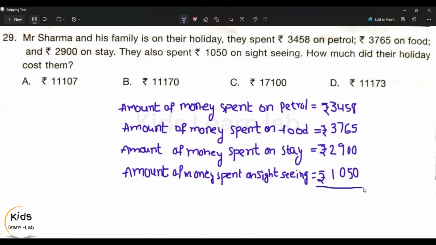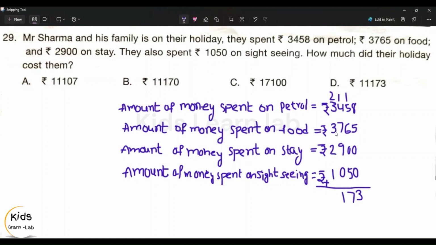So we are supposed to add all these expenditures they have made. 5 plus 8 is 13, 13 plus 0 is 13, 13 plus 0 is 13. So 3, 1 carry. 1 plus 5 is 6, 6 plus 6 is 12, 12 plus 0 is 12, 12 plus 5 is 17, 1 carry. 1 plus 4 is 5, 5 plus 7 is 12, 12 plus 9 is 21, 21 plus 0 is 21, 2 carry, 1 over here.